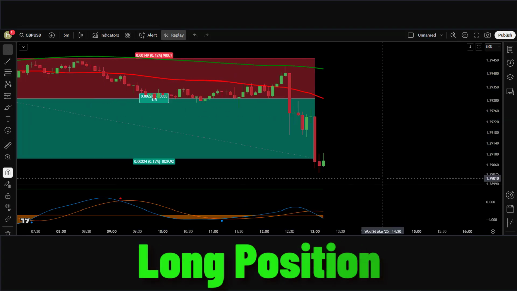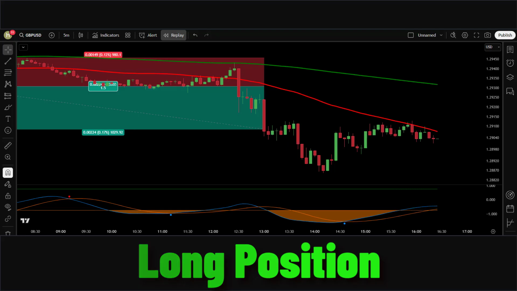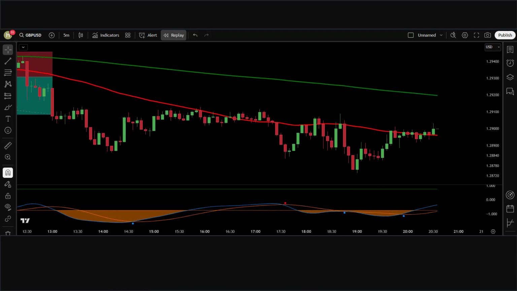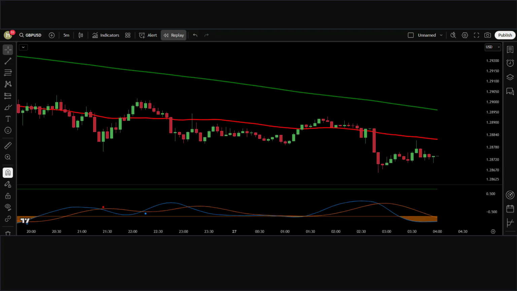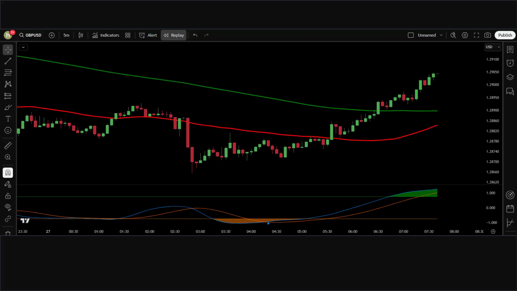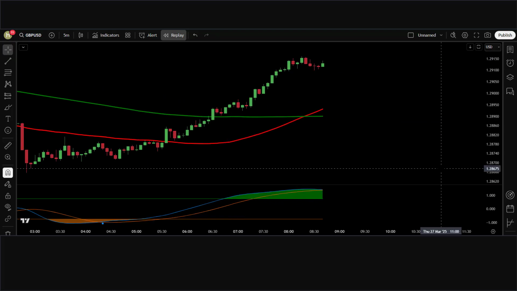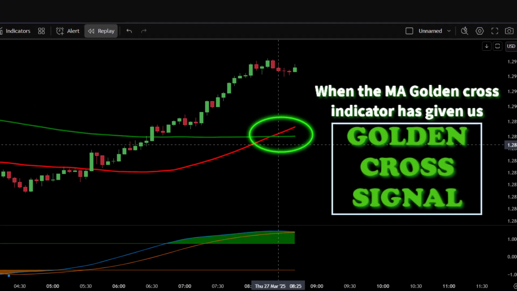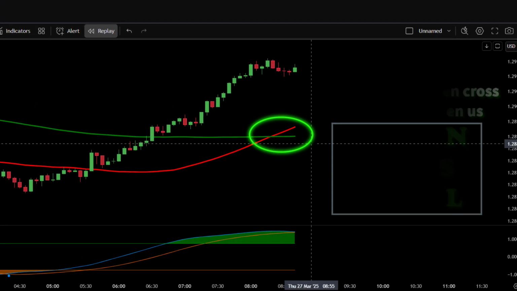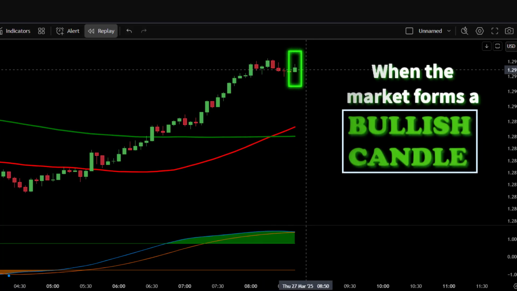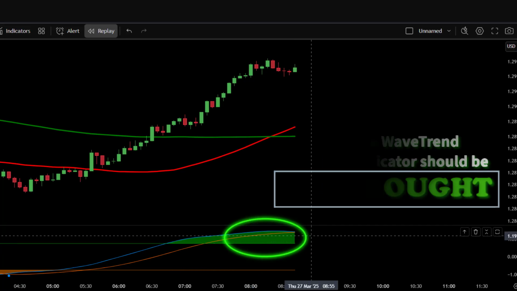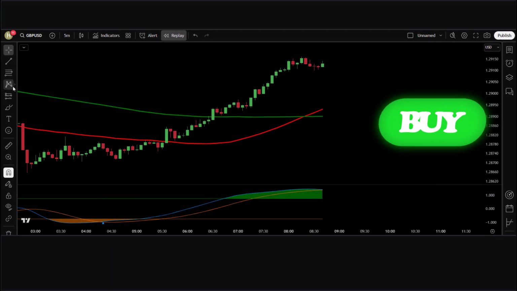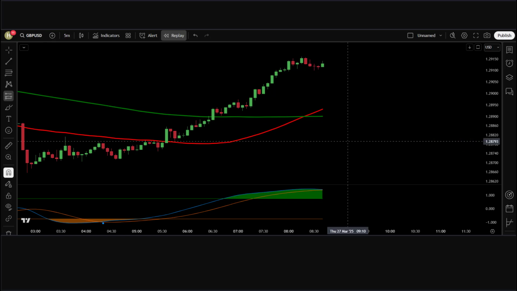Now let us understand the long position. When the MA Golden Cross indicator has given us a Golden Cross signal, when the market has formed a bullish candle, and when the WaveTrend Oscillator indicator is overbought, if these conditions are fulfilled, then we will place a buy order.